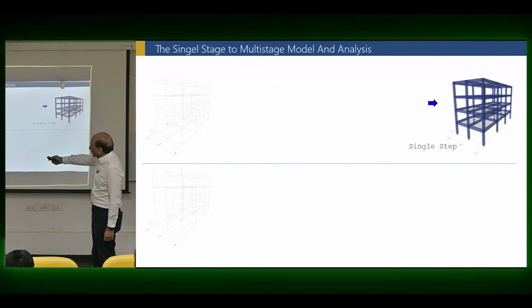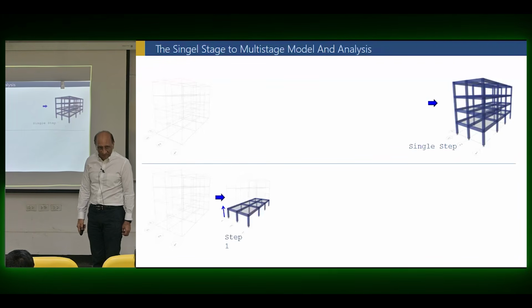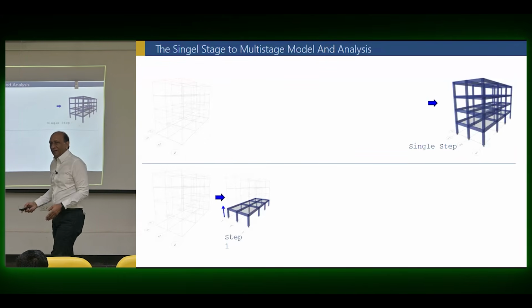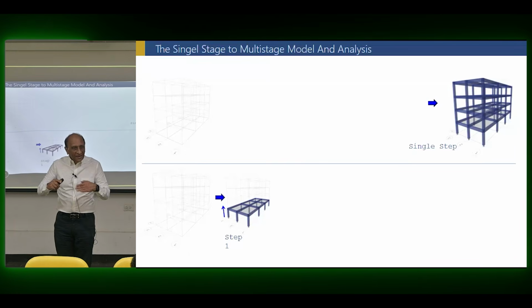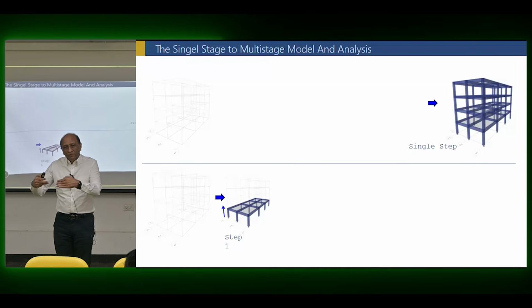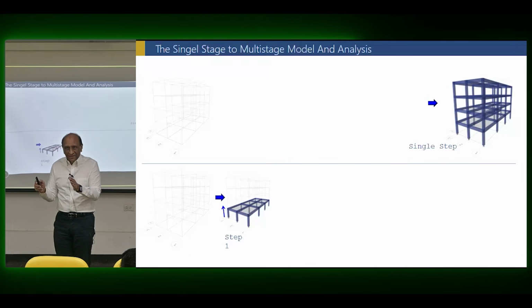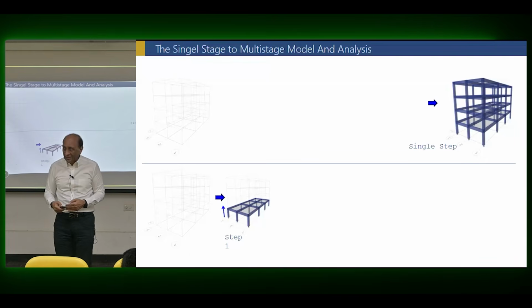But in construction sequence, we build one floor first. We apply all the loads to that floor. We calculate all the deflection and then lock those deflections, and use this structure with the forces and deflections already in it to apply the next stage when we make the next floor.